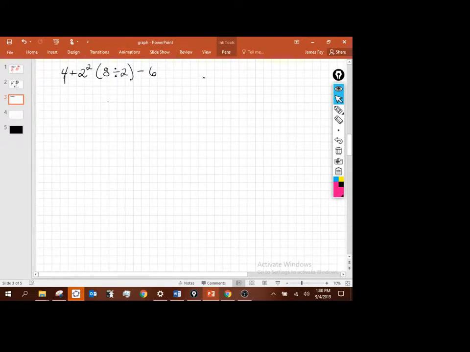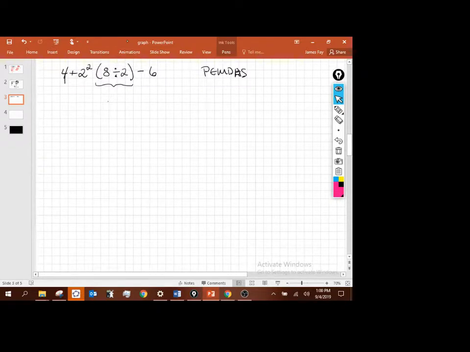So order of operations tells me I need to look at this stuff first, right? That's my set of parentheses. Okay? So I focus on that, and I go through my order of operations again inside just those parentheses.